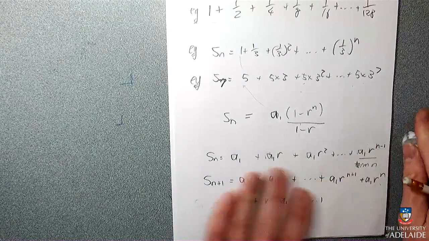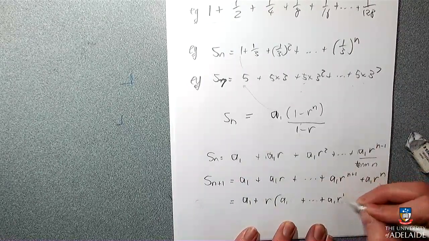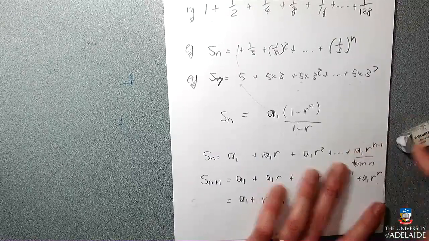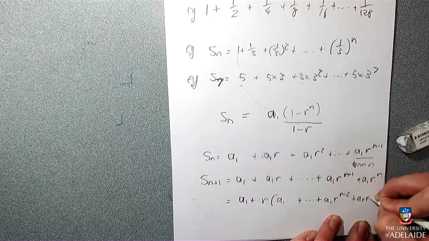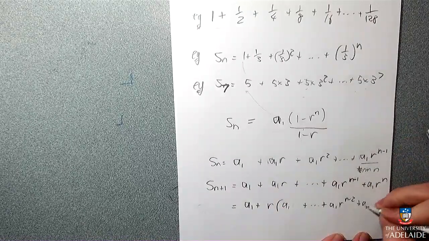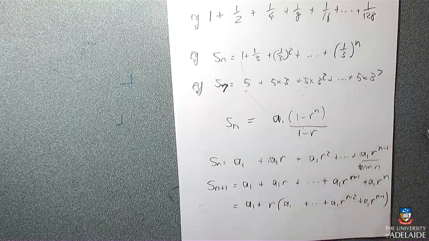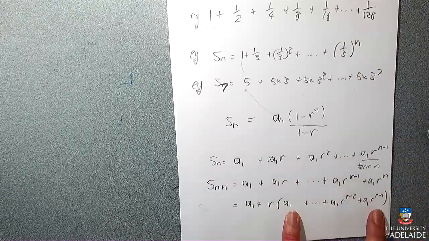Move the R from that one. That's a minus 1 there. Damn it, A1 R to the n minus 1. So I divide all these by R, and I get that.